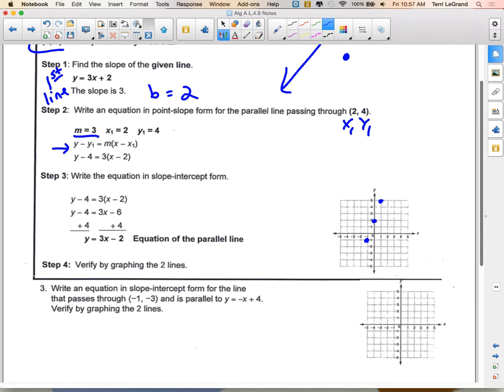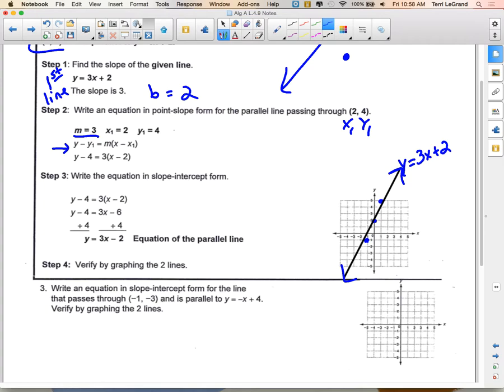Okay, draw that one slide. This is what we call the given line, the one that they gave us the equation for. Here's our given one. Let's put by it y equals 3x plus 2. This is the one they gave us.